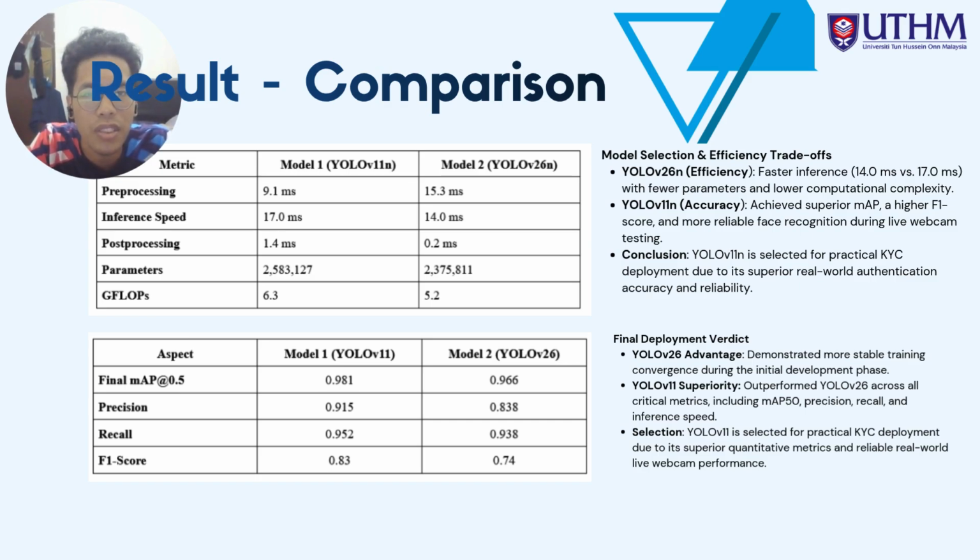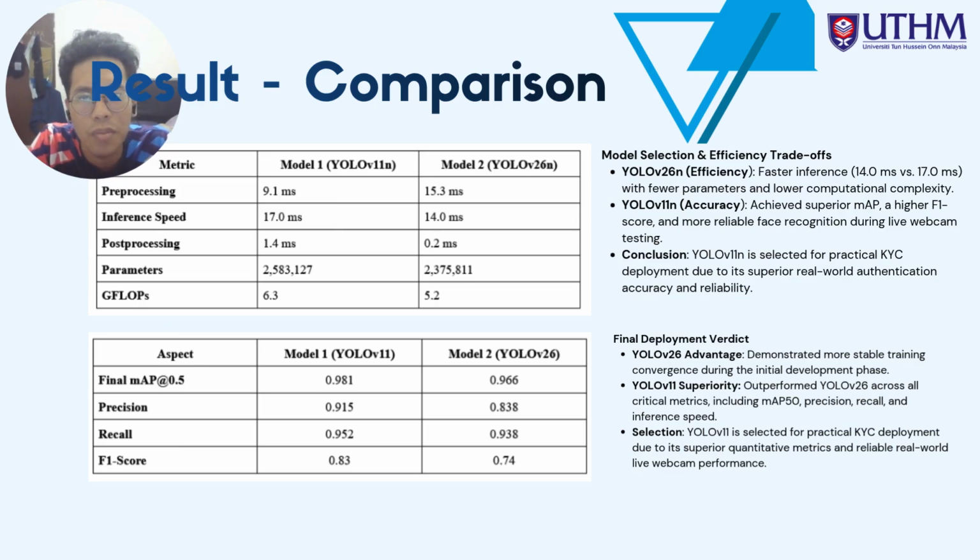For accuracy it is YOLO v11, which achieves superior mAP, a higher F1 score, and more reliable face recognition during live webcam testing. In conclusion, YOLO v11 is selected for practical KYC deployment due to its superior real-world authentication accuracy and reliability.